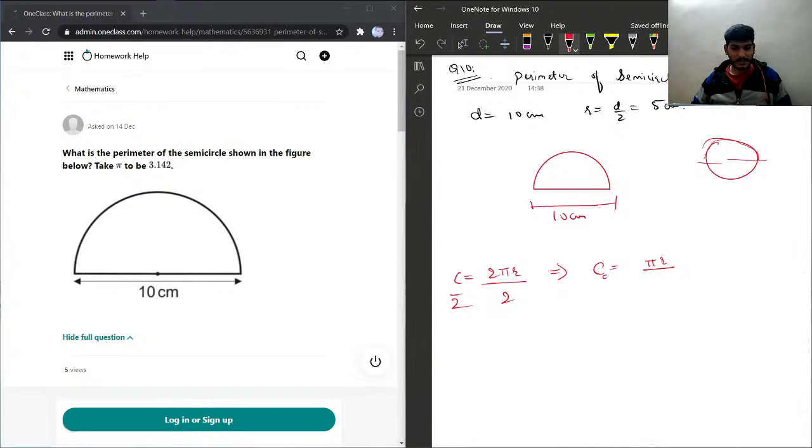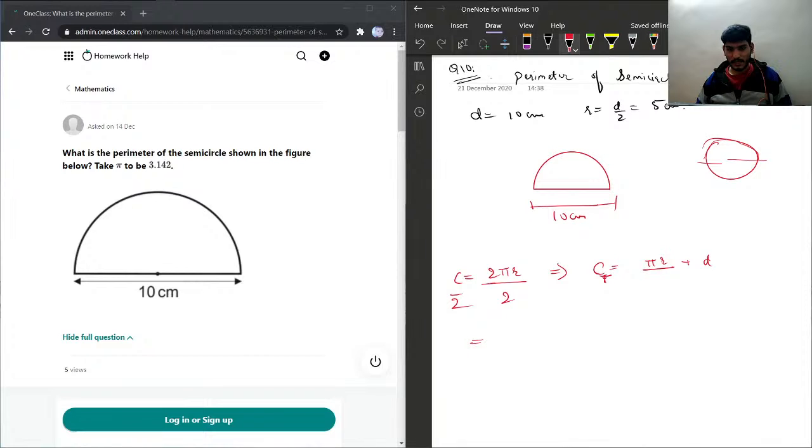Now we can see that in a semicircle we also have this line, which is nothing but the diameter, and the perimeter will include this line. In a circle, we do not have any diameter. It is a closed loop, but to close a semicircle, we need to include this diameter also. So this will become plus the length of the diameter.